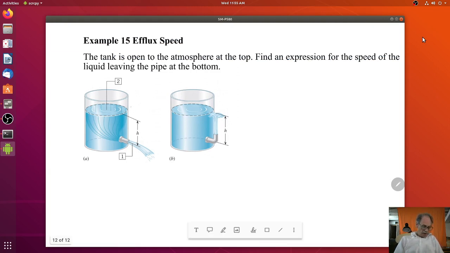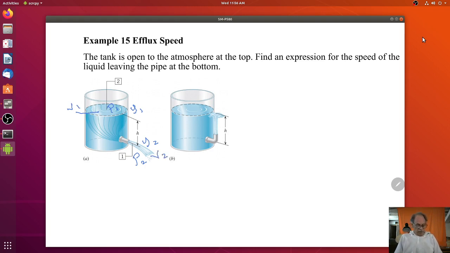This is going to be Y1 up here, and this is going to be P1 up here, and down here is going to be Y2 and P2. The fluid up here is moving with V1, the velocity of the fluid up here, and this is going to be V2 down here.